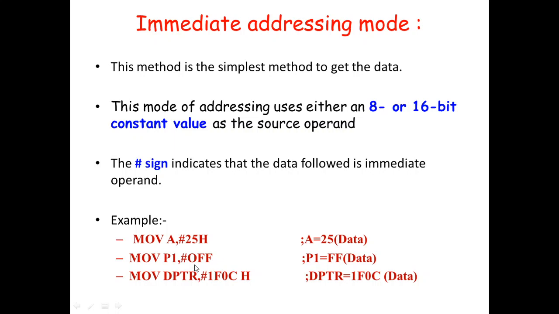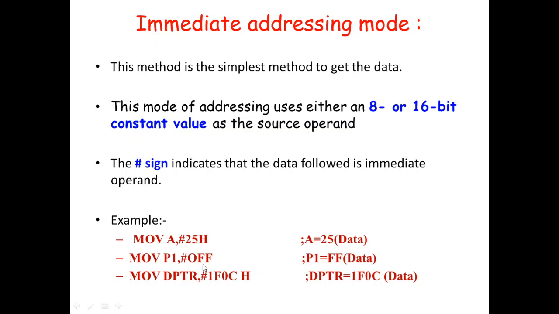That is the question. In the immediate addressing mode, one important point is, suppose your number starts with a digit, you can directly write it. But suppose your number starts with an alphabet, this is a hex number, which means your number is from 0 to F. Suppose your number starts with an alphabet, you must write 0 in front of that alphabet.